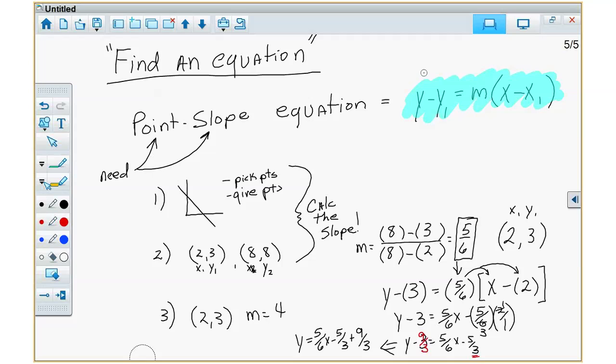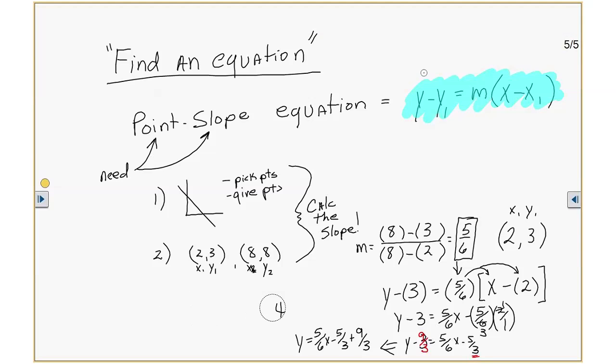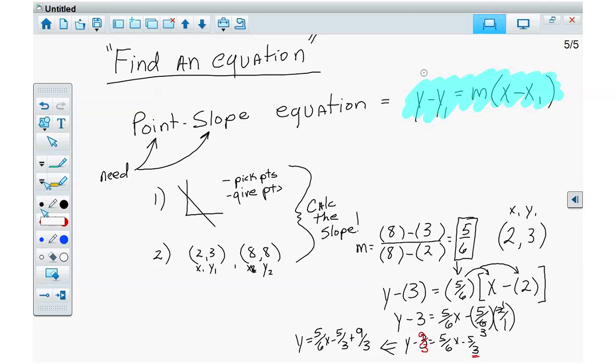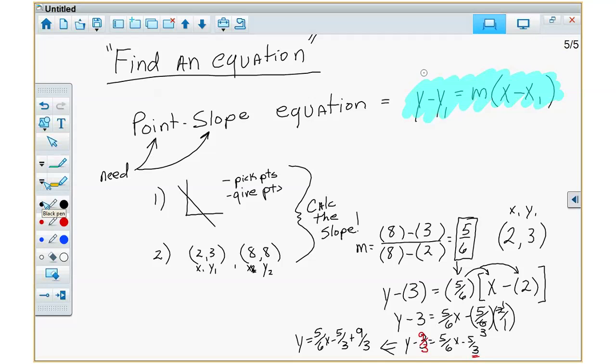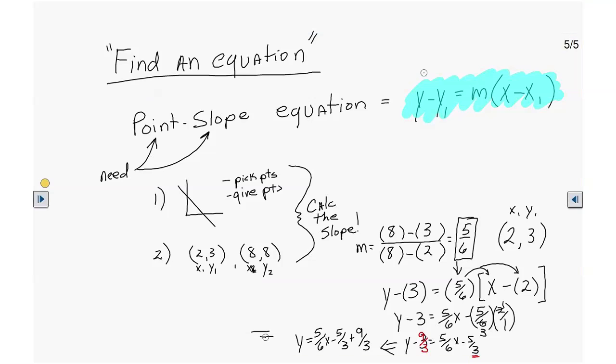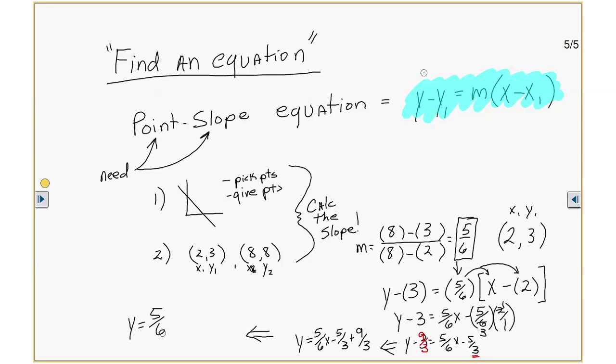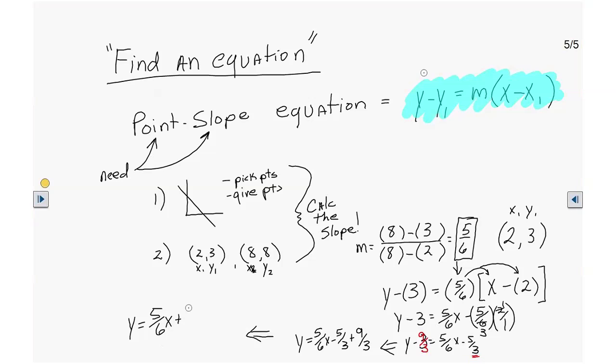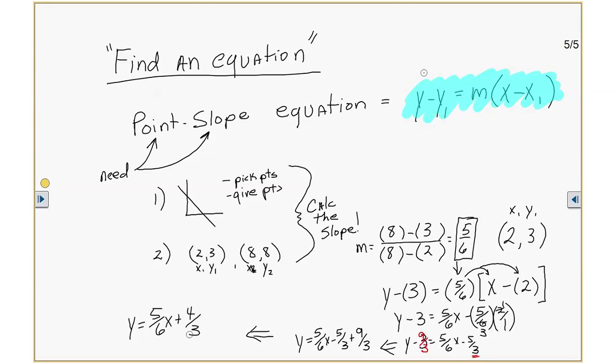Wait a minute. It's almost the same. I'll change the numbers on this one. Right here. So y is equal to 5/6 x plus what? Now I ask students what is that, and they say, oh, okay, well, let me show you.